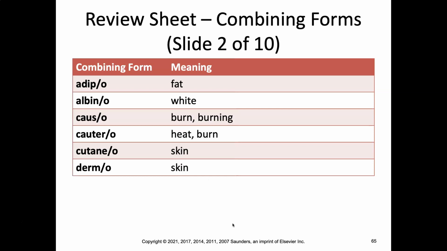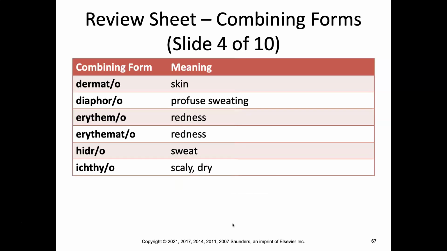Combining forms, we have adipo, albino, caso, caudaro, cutaneo, dermato, diaphoro, erythemo, and erythemato. Sorry, I've got to get it out of my mouth today. It's all garbled up in there. Apologies, it's definitely a Monday.